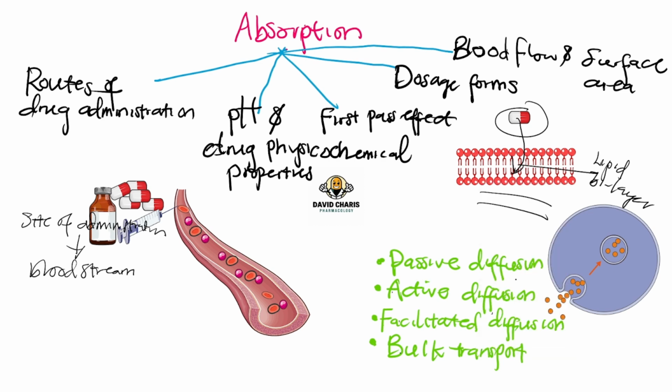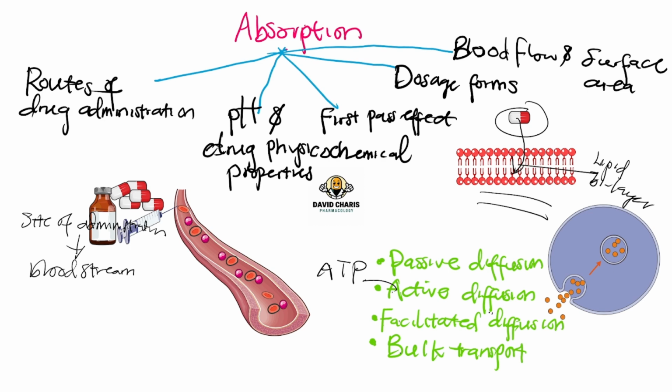Now, passive diffusion basically is the movement of drug from higher concentration to lower concentration, and it is most common in small lipophilic drugs. Active transport is the movement of this drug across different concentration gradients with the use of ATP, an energy-rich molecule.